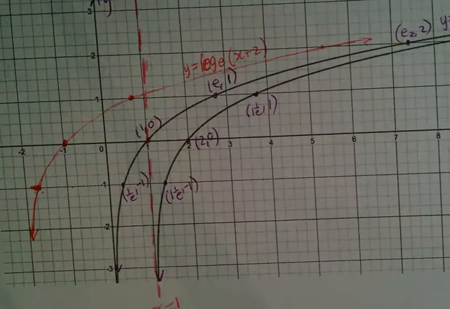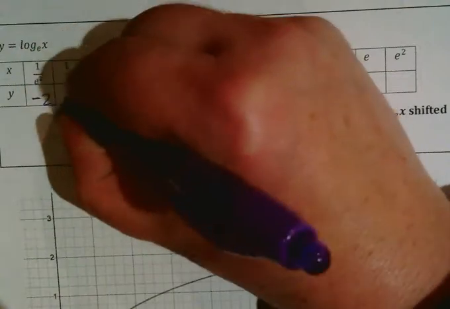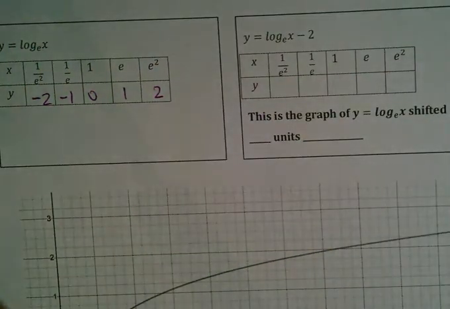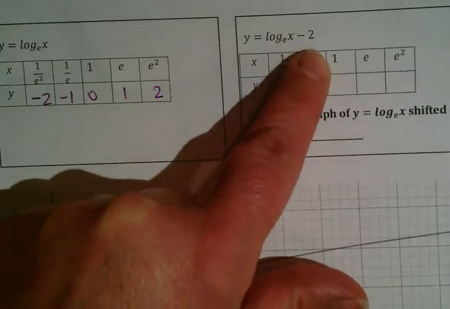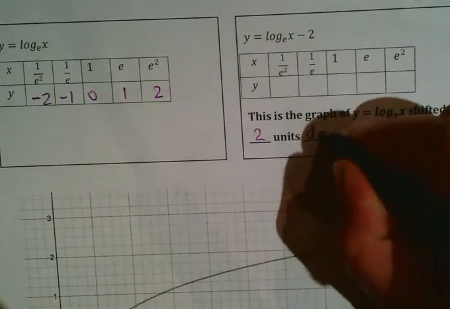Okay, and on the next page, if you could just complete the table of values for log to the base e of x. We already had these from before, and also the table of values for log to the base e of x minus 2. Now this is just log to the base e of x shifted 2 units down.